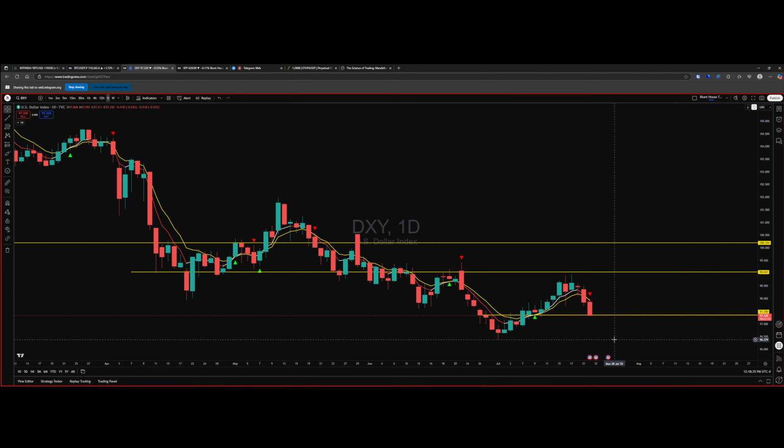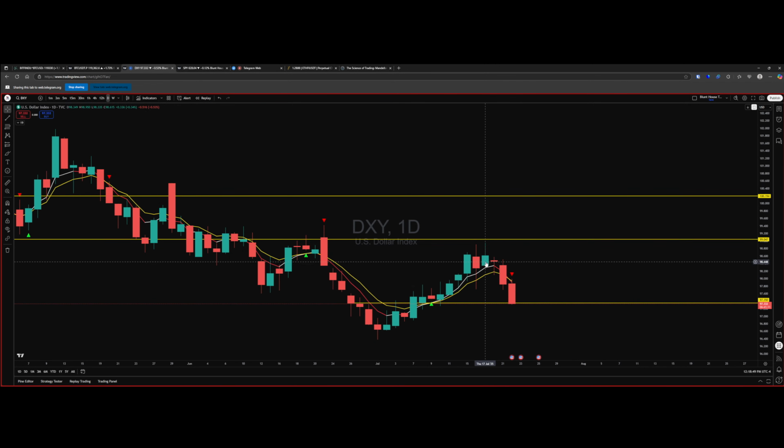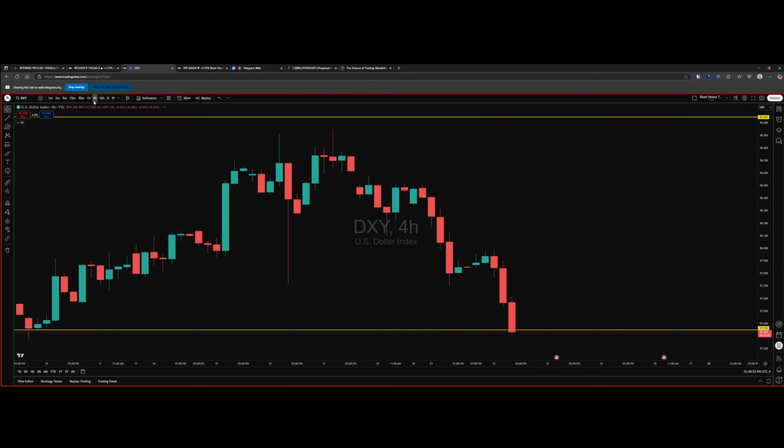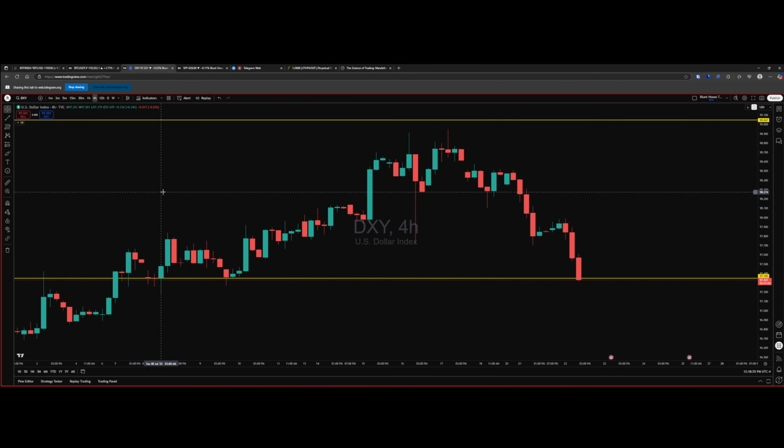So everybody's going to be talking about the dollar today. Right? Everybody's going to be talking about the dollar today. Here's the candle that you would have entered on. This green candle on the 4-hour, that's the 17th, is your confirmation on the 4-hour chart.